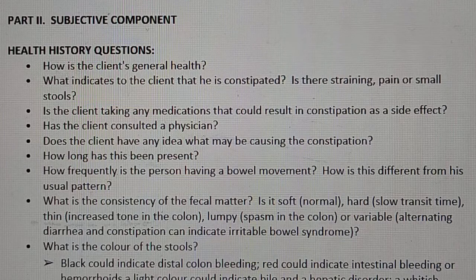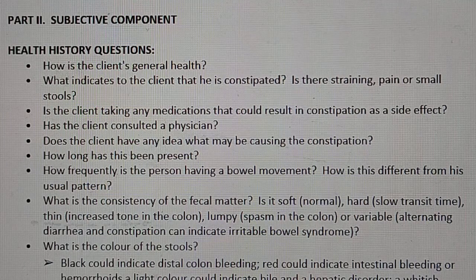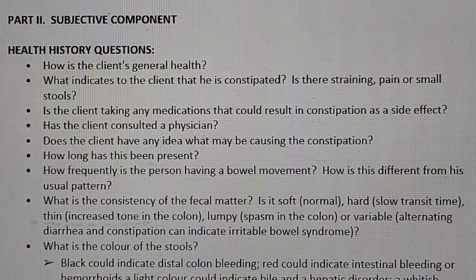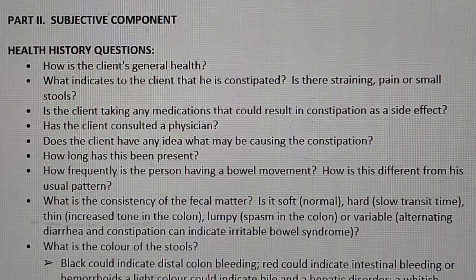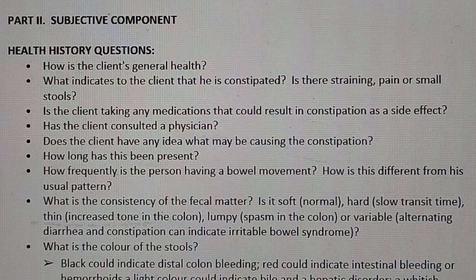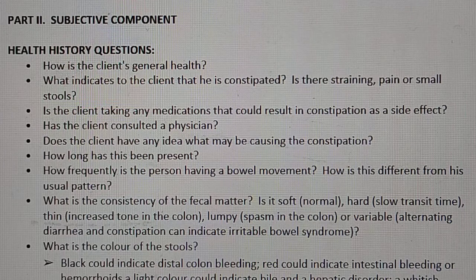Another question: is the client taking any medications that could result in constipation as a side effect? Again, medications, guys, that the client is taking. Most importantly, has the client consulted a physician? Has the client seen his or her family physician regarding the constipation?